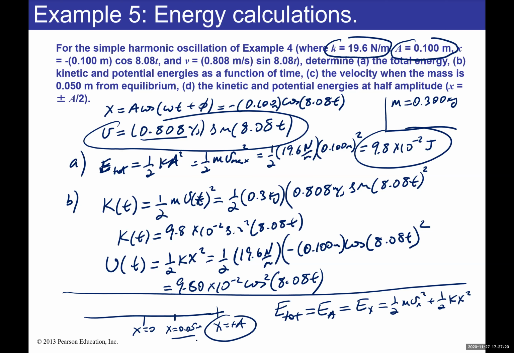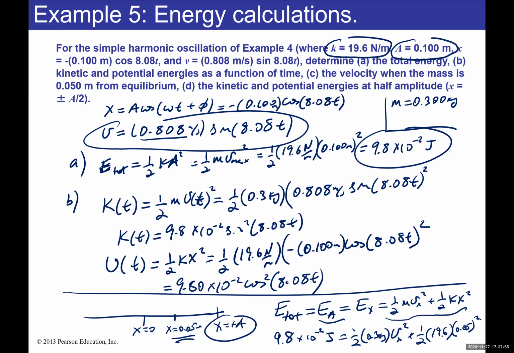Right now I am given that x, and all I need to do is find that vx, because this sum is equal to the total energy at point A, which means 9.8 times 10 to the negative 2 joules, that's the total energy, equals 1/2 times 0.3 kilogram times vx squared, plus 1/2 times 19.6, that's for the k, and then 0.05 squared, that's for the x.